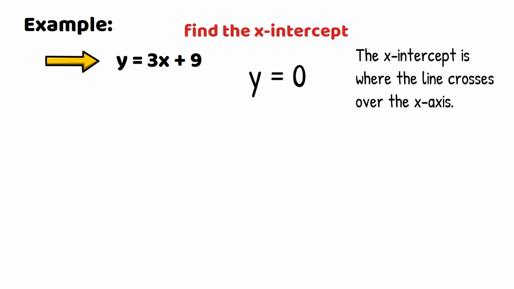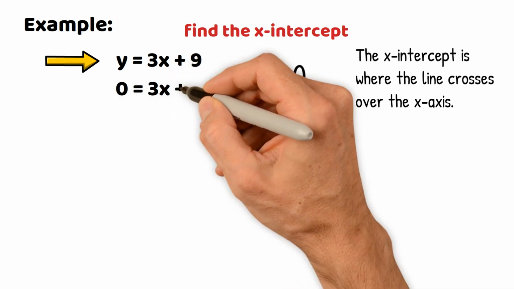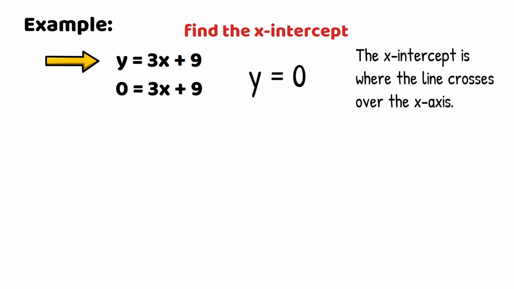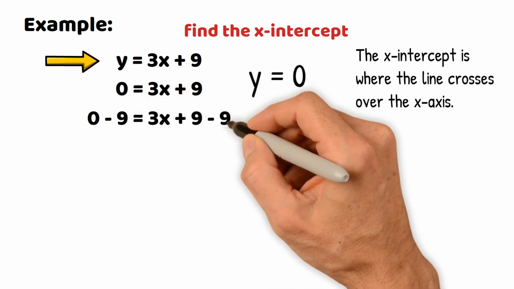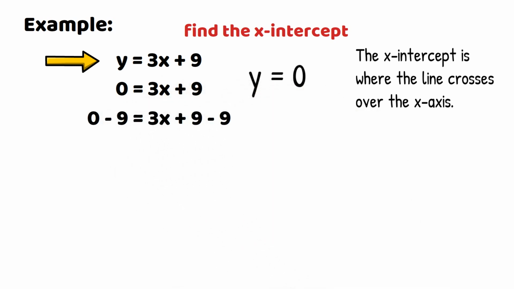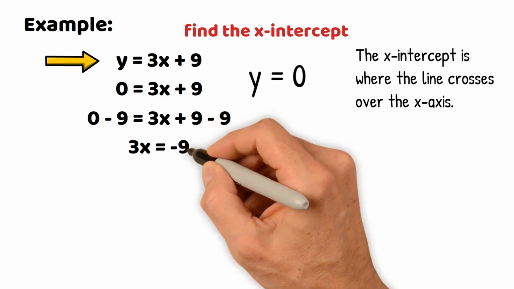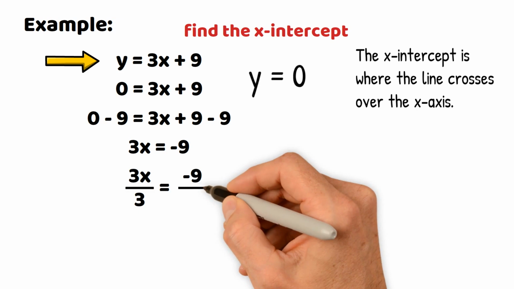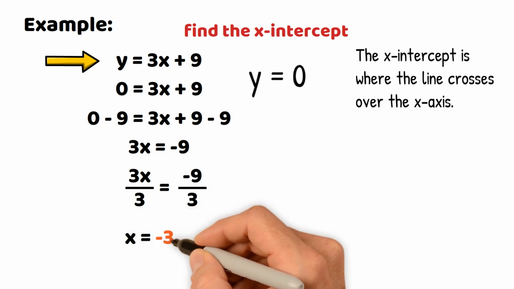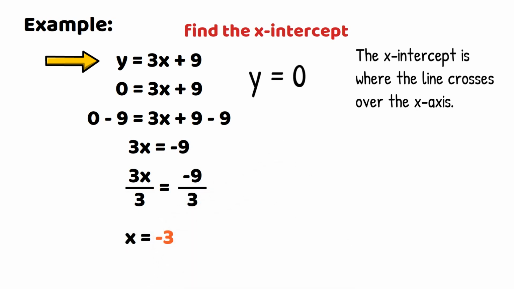So to solve this, we can set y equal to 0 and get the equation 0 equals 3x plus 9. Now all we need to do is solve this equation for x. If you subtract 9 from each side, you end up with 3x equals negative 9. Divide each side by 3, and you have x equals negative 3. So the x-intercept in this case is negative 3.